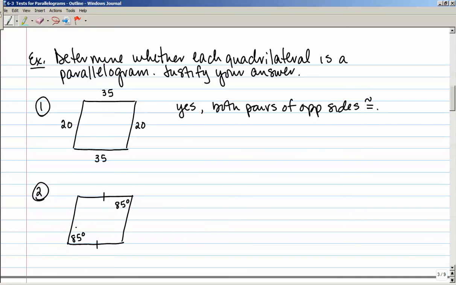So here in number two, we have a quadrilateral, and the top and bottom are congruent to each other, and one pair of opposite angles are congruent. That's not enough information to determine if it's a parallelogram. So no, we have one pair of opposite sides congruent, and one pair of opposite angles congruent.